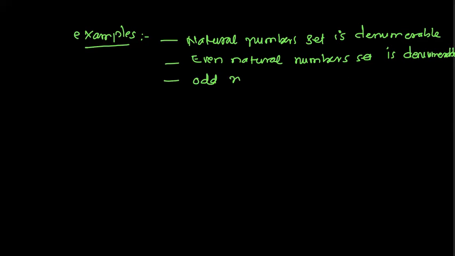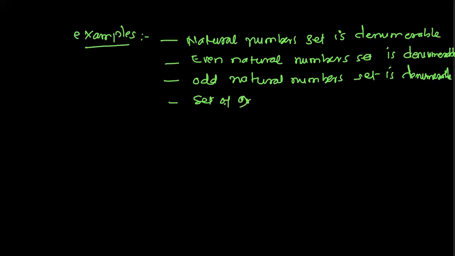The odd natural number set is denumerable. Then the set of integers is denumerable.